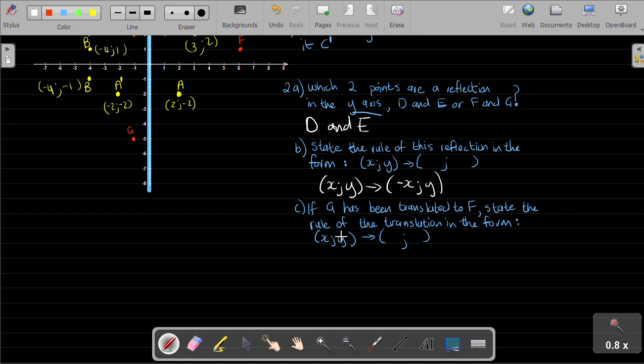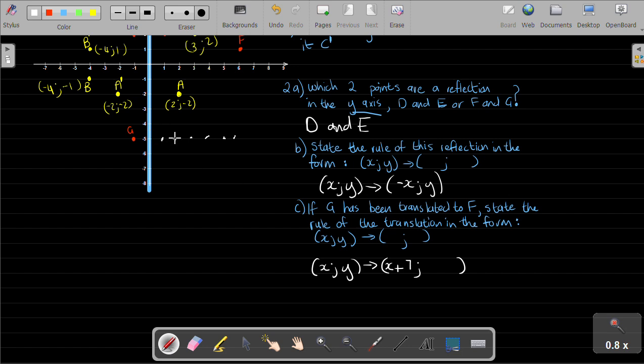How did it translate horizontally? So if we're going from G, which is at -1, we're going 1, 2, 3, 4, 5, 6, 7. Okay, so we're at 6, and then it's gone up. So, well, let's first put that there in our answer. So what has happened in the rule in this form is that to my x value we add 7, right?